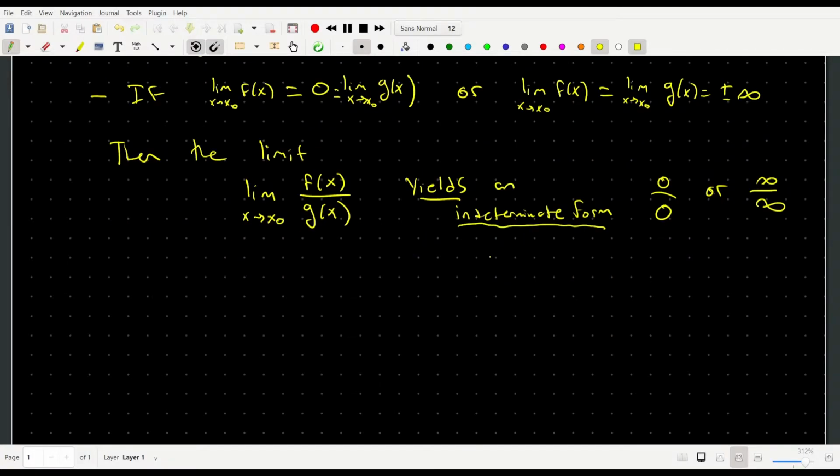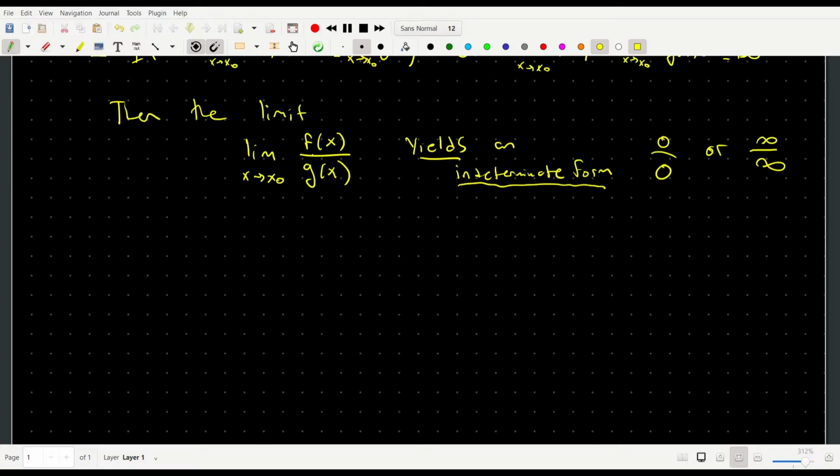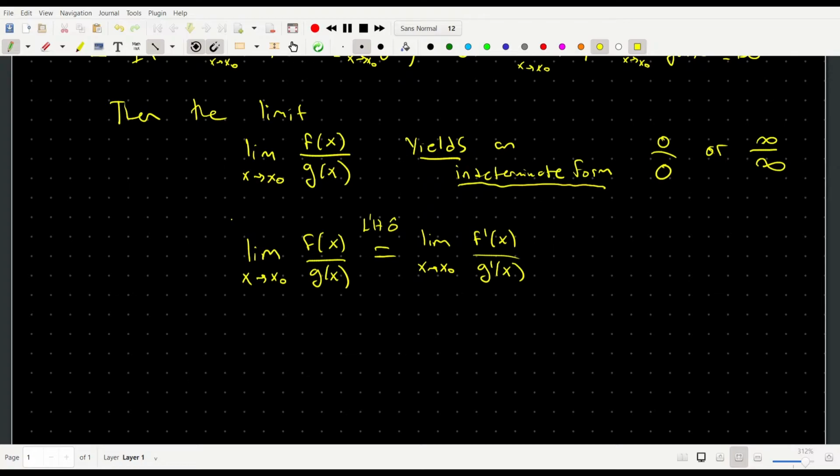But what L'Hopital's rule says is that we can take the derivative of each one of these two functions in this limit, or the limit of f of x over g of x, will in fact be equal to the limit as x goes to x naught of f prime of x over g prime of x, which is the derivative of f over the derivative of g. And this is the main version of L'Hopital's rule that we'll be using in this course.